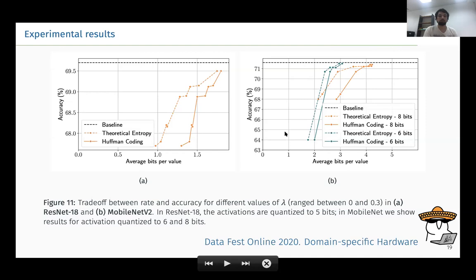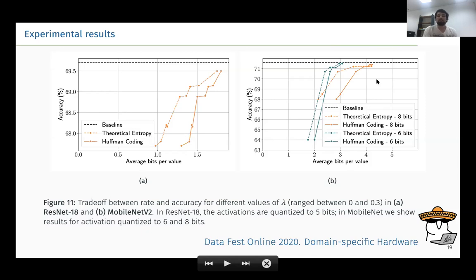And also, if we push it towards very sparse representations, if we put very strong regularization, we actually become bounded very strongly by Huffman coding. As we talked about earlier, Huffman coding cannot go below 1 bit per value, and for ResNet 18, we managed to get less than 1 bit per value entropy in some cases.